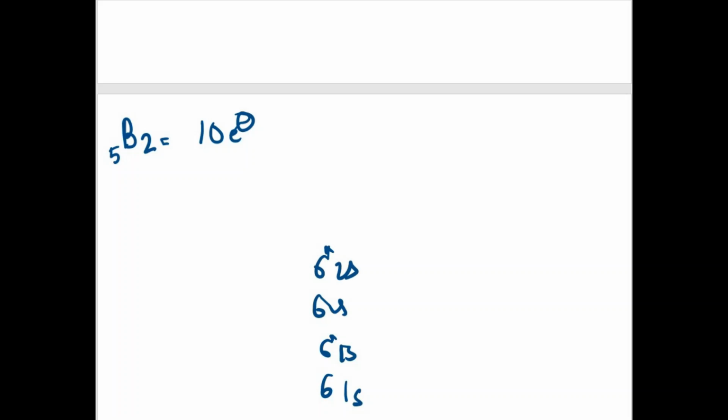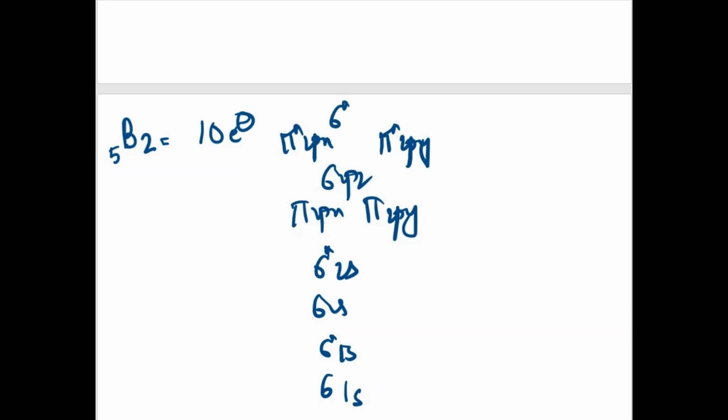Atomic number is 5, so 10 electrons total. Less than 14. Sigma 1s, sigma star 1s, sigma 2s, sigma star 2s. Less, so it should be pi 2px, pi 2py, sigma 2pz, pi star 2px, pi star 2py, sigma star 2pz.